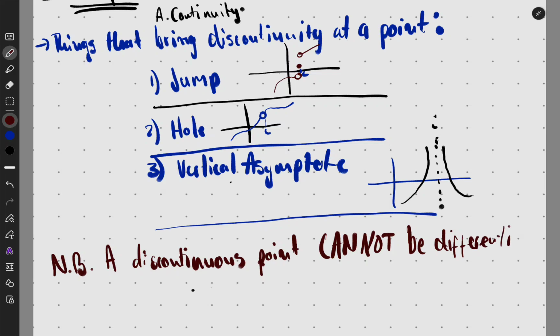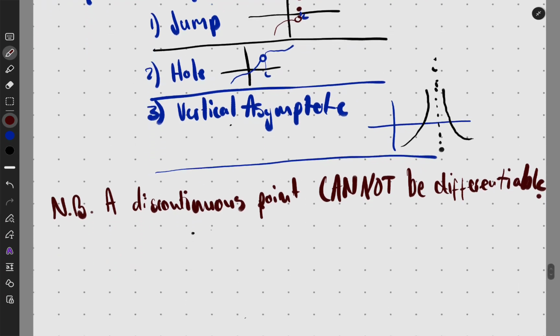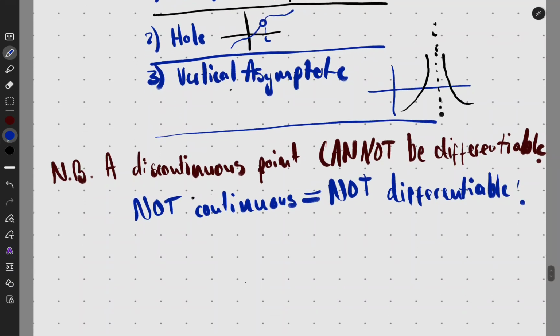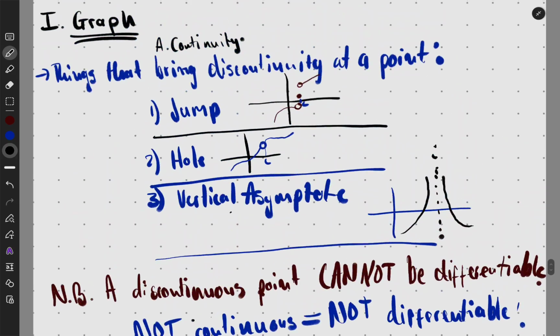So in other words, if there is a discontinuity, it will not be differentiable. If there is no continuity, then there is no differentiability. So we can say not continuous is going to lead to not differentiable. You must remember that. Please. If something is not continuous, then it's not going to be differentiable.